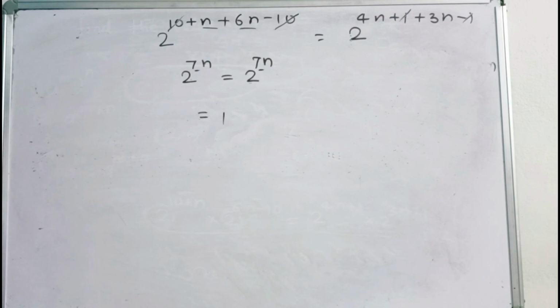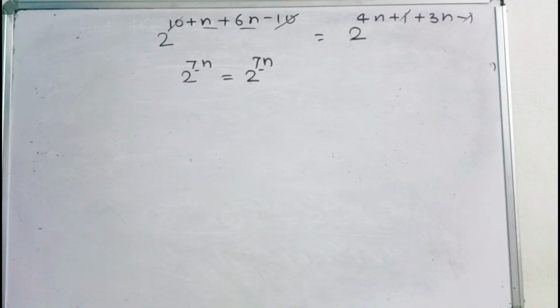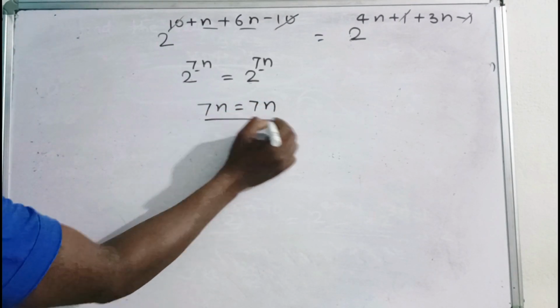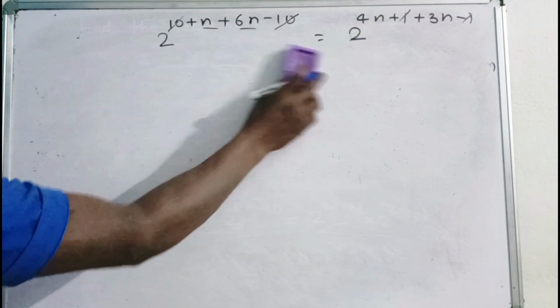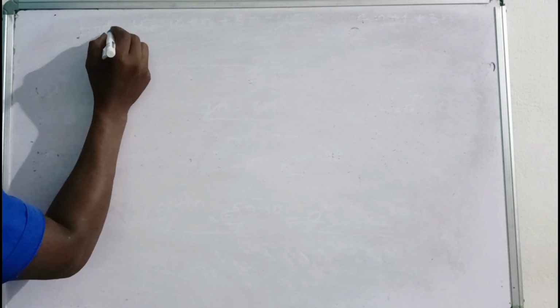No meaning of this. Question is wrong, I think. So, okay, no problem. 7n is equal to 7n. This get cancelled here. I think question is wrong. We will take this again.